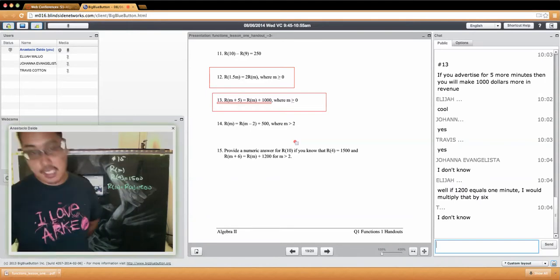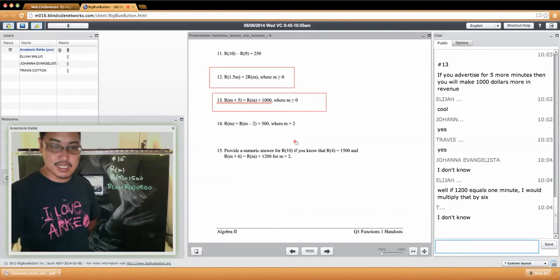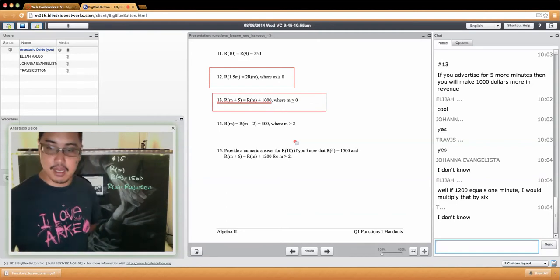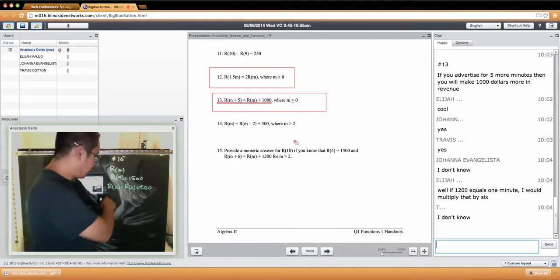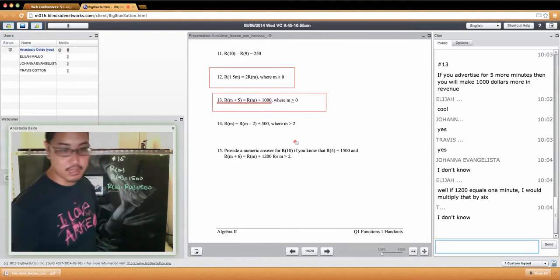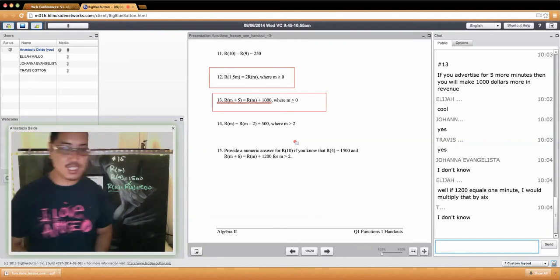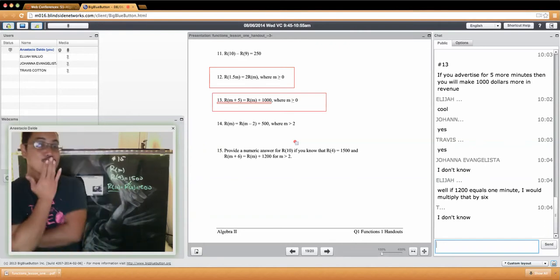I'm just taking you through my thought process. If I know R4, I'm going to plug in 4 for the M on the bottom one and see what happens. Luckily, it gave us R10, which is what we were looking for in the first place. And we have R4, and we know 1200. What is R4? It's 1500, so you just plug that in. It looks to me like it's 2700. Oops, I told you the answer.